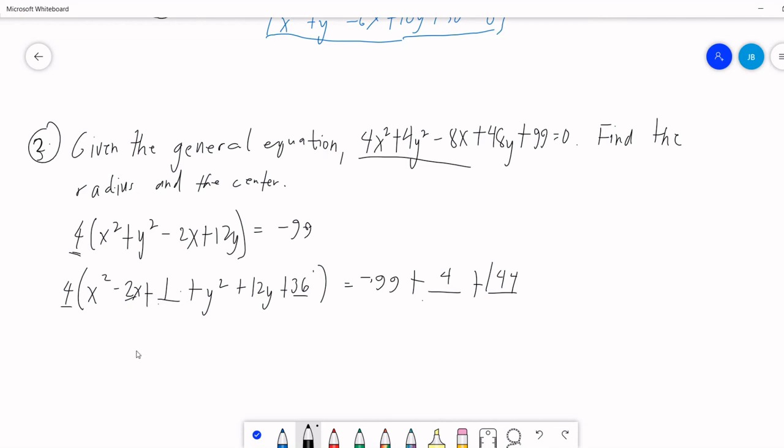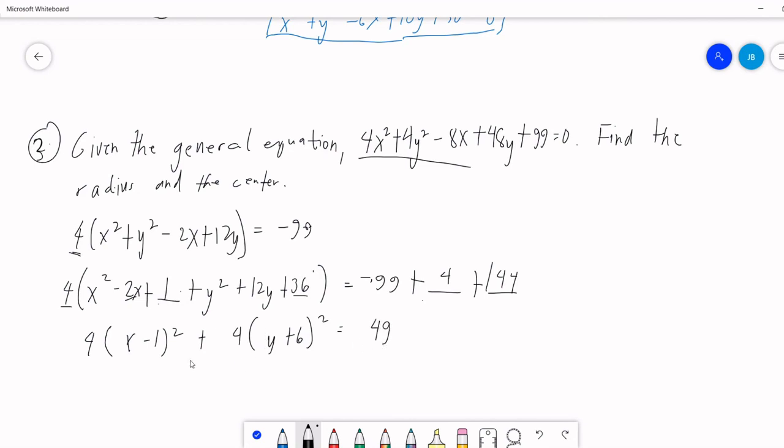So you can have your answer as 4 times x minus 1 squared plus 4 times y plus 6 squared is equal to 144 minus 99. That's 45 plus 4, that's 49.